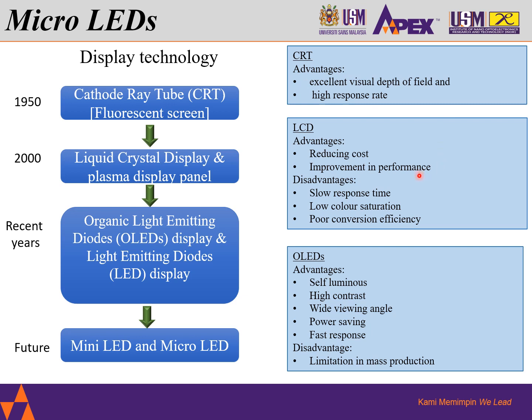However, the disadvantages are it has a slow response time, which is the FPS, if you are familiar with it. And LCD has a low color saturation and also poor conversion efficiency, whereas OLEDs have the advantages of self-luminous, high contrast, wide viewing angle, power saving, and also fast response. However, the disadvantage is the limitation in production.